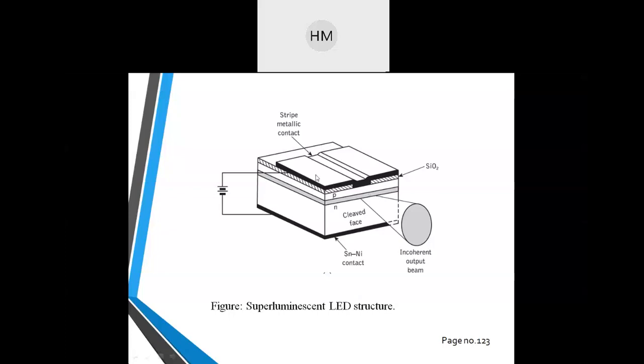This is the metallic contact, SiO2 layer, P and N. And this is the active layer through which you get an incoherent output beam. Finished?